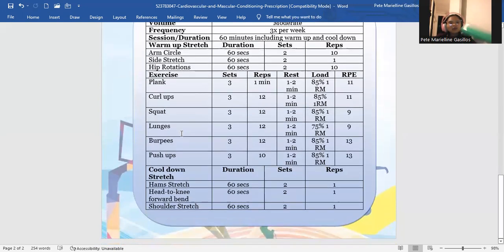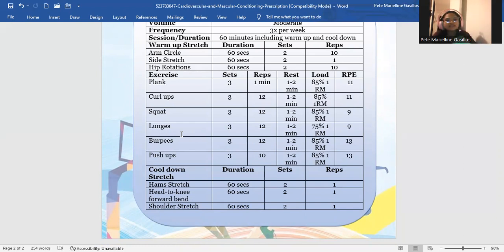And then my cool down stretch, which you can stretch in your hamstrings. I can't stretch it well because I have a hamstring injury.